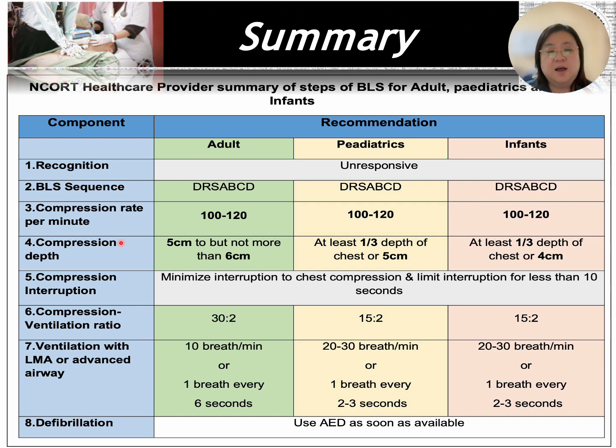But push hard here, there is a difference. For adult is 5 to 6 centimeters, pediatric is 5 centimeters, infant is 4 centimeters. But if you cannot remember 5 centimeters, 4 centimeters, then remember at least 1/3 depth of the chest, 1/3 of the anterior posterior of the chest.